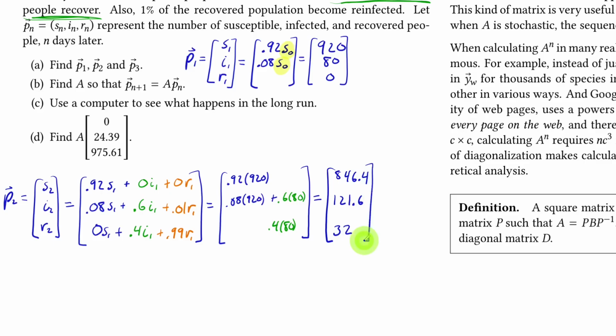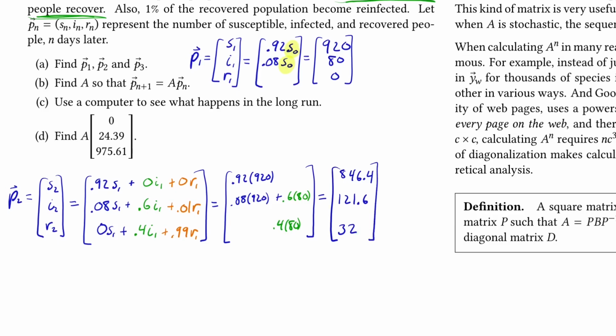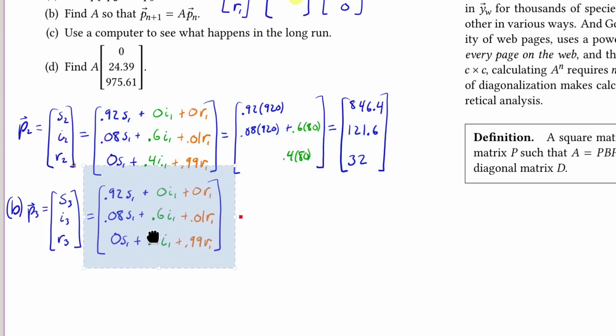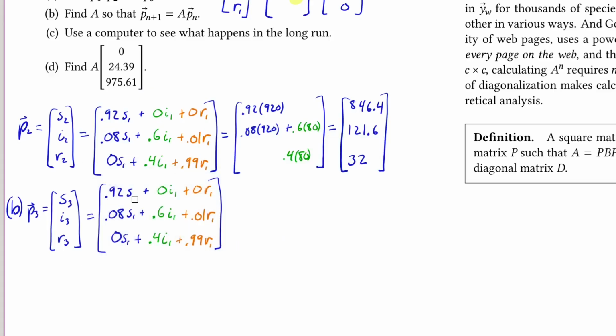Okay, P3 is going to be the same idea. Now we know the same thing is going to happen. We're still going to get 92% of the previous day's susceptible people are still susceptible, 8% become infected.